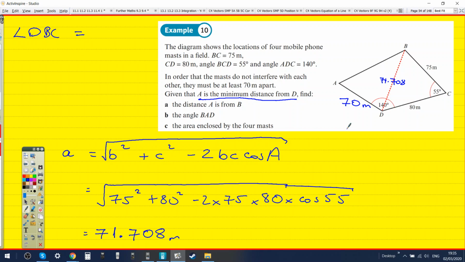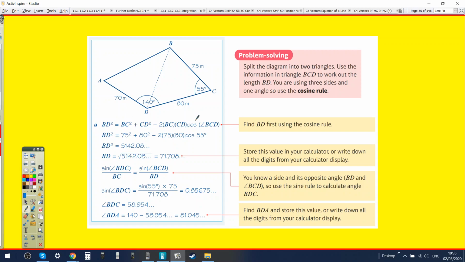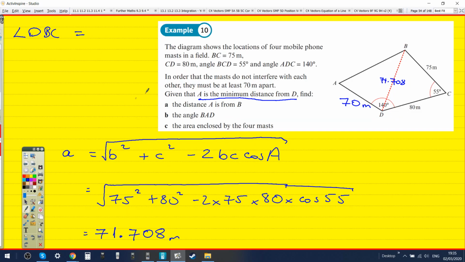We have two sides. I'm looking at this one. 71.708. So they did the sine rule. Yes. Now that you have that, you can do the sine rule.